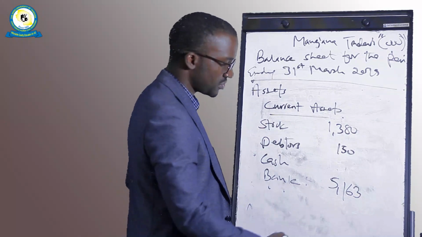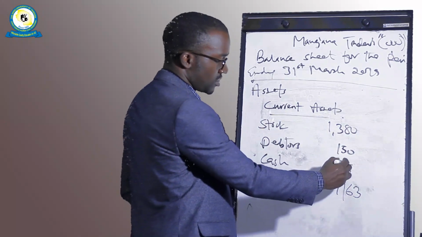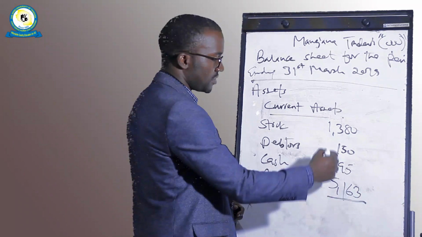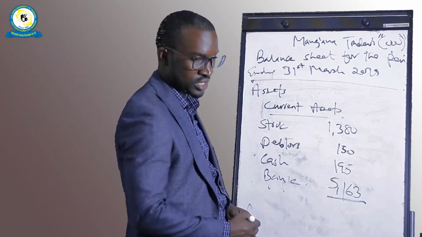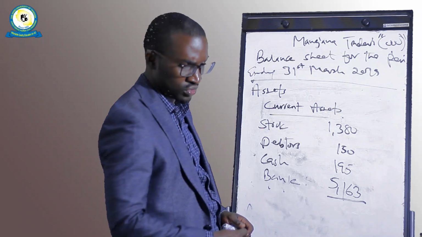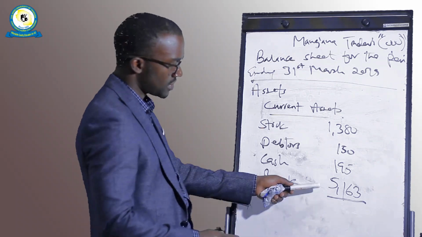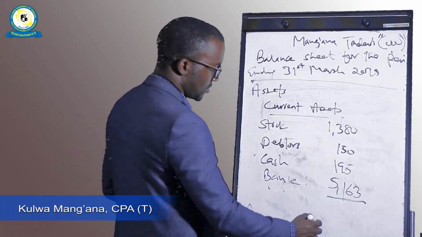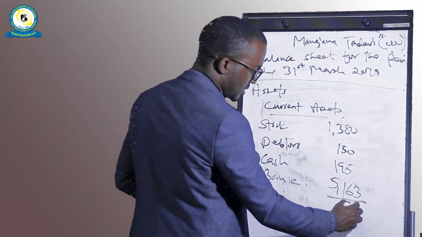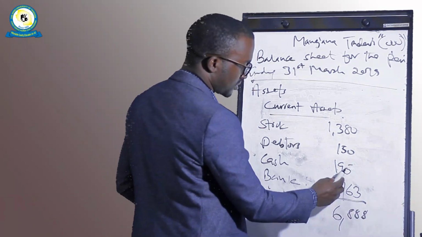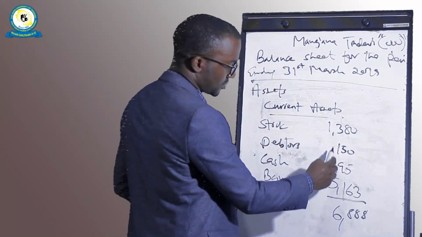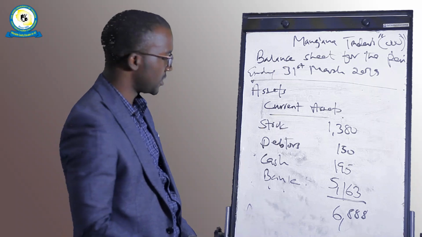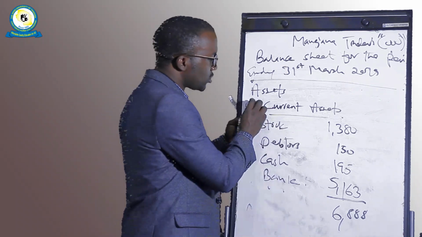How much cash are you having? A very small amount, cash of 495. If you add this, you're going to get 6,808, because this is 8. So the total of current assets is 6,808.